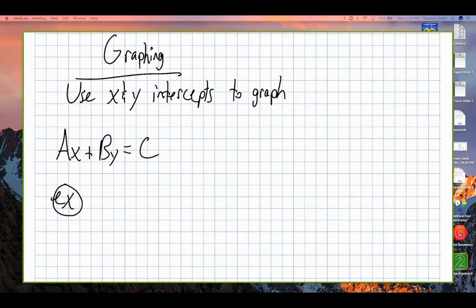So we're going to find the x and the y-intercept. We're going to plot those 2 points, and that's going to be our graph. So here's an example. We'll start off in standard form. I'm going to try and make these not too terribly difficult. I'll try not to have any fractions in there, but I make no promises.